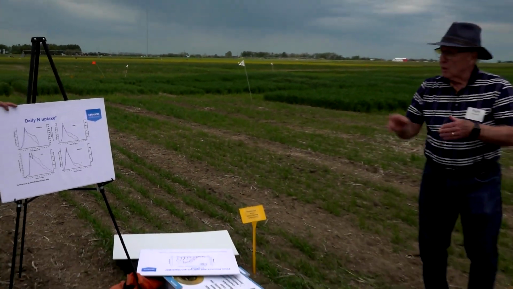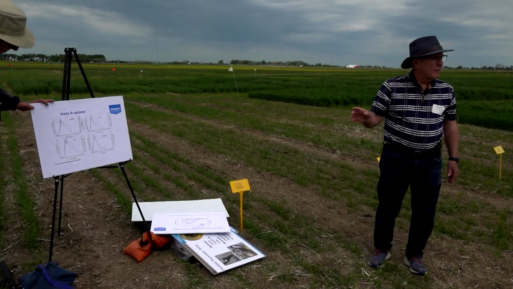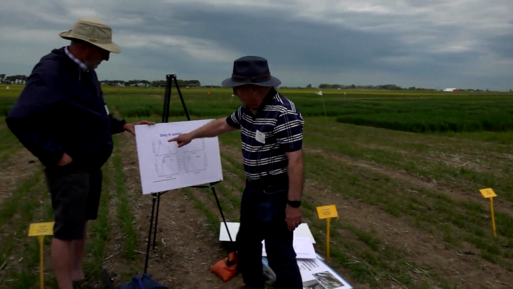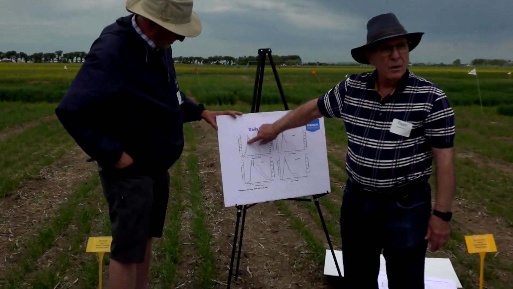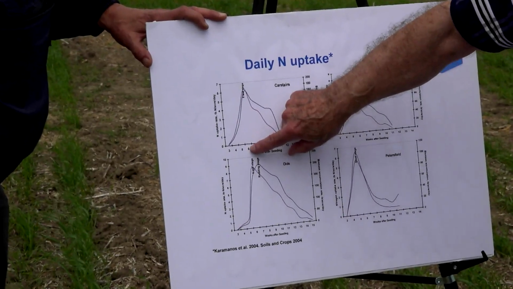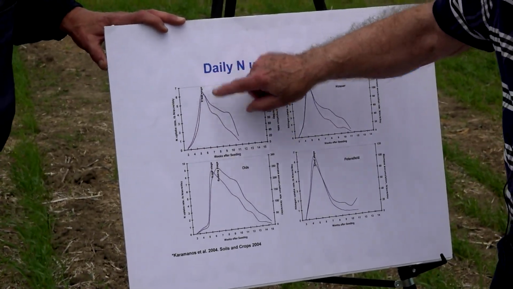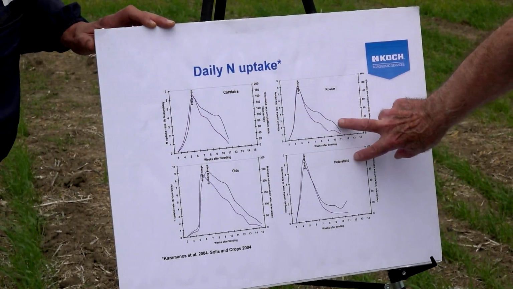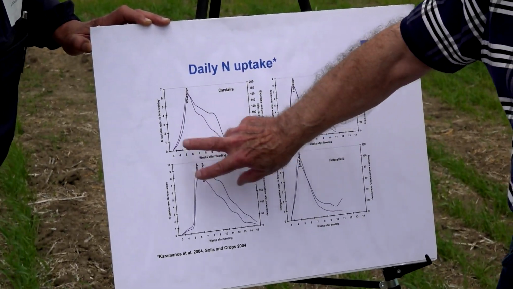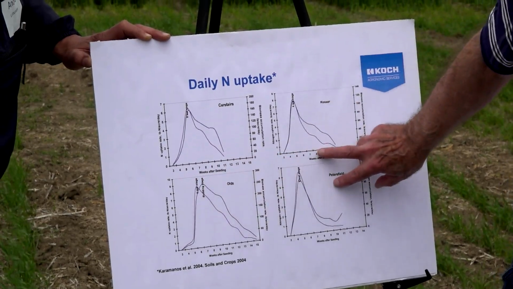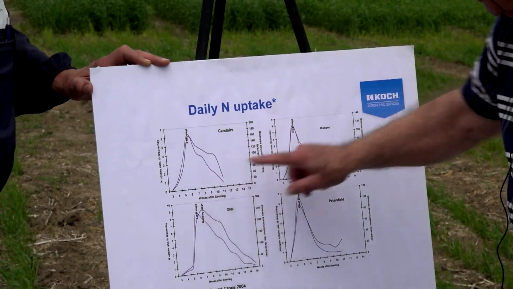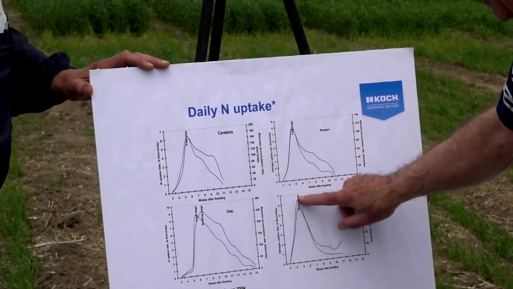This is for canola. And look again, the maximum rate of nitrogen uptake occurred at the 6-leaf stage. The plots in Manitoba were seeded 2 to 3 weeks later than Alberta, but it didn't matter when they were seeded. The maximum occurred at the 6-leaf stage.